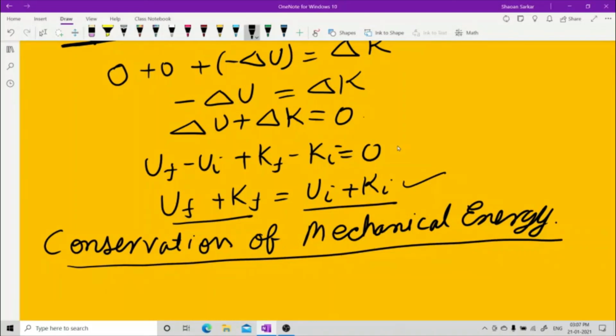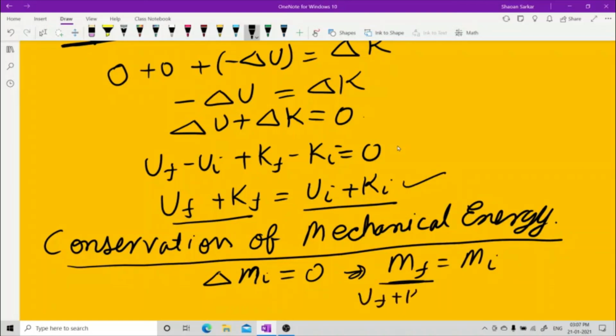In some books they write delta M, mechanical energy, is equal to zero. That is, if you write M final is equal to M initial, where M final is nothing but U final plus K final is equal to U initial plus K initial.